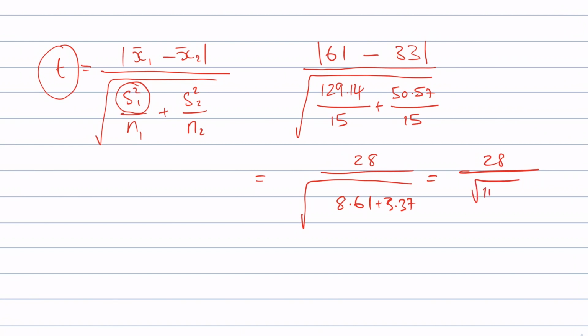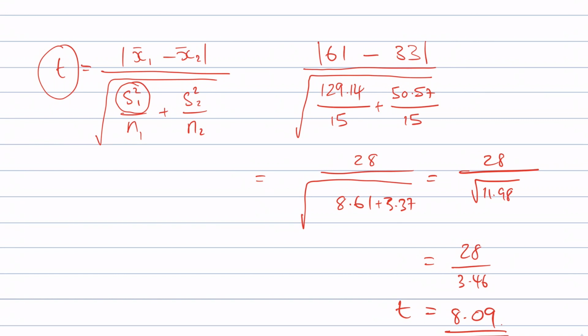So I want the square root of 11.98, which is 3.46, and then 28 divided by 3.46 should give me roughly 8.09. Okay, so you might get a slightly different number, or you can tell me if I've gone horribly wrong somewhere in my calculation. But we've got t is equal to 8.09.